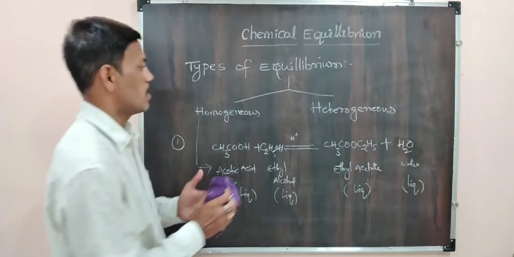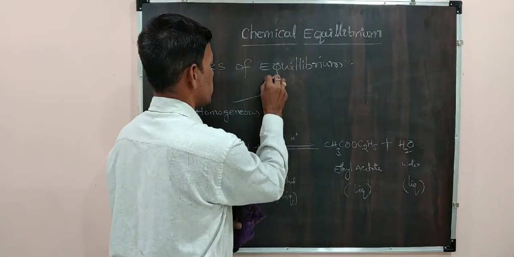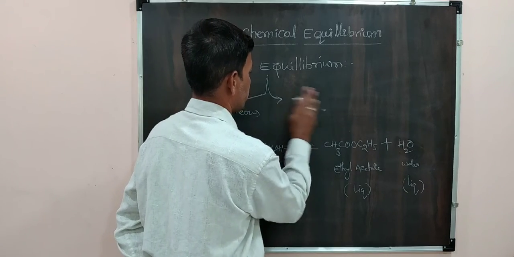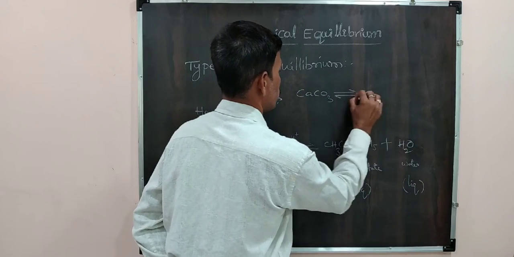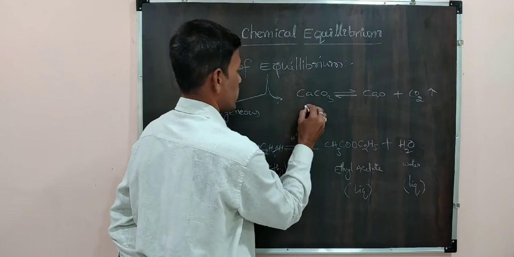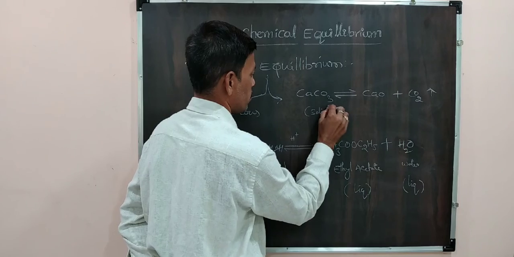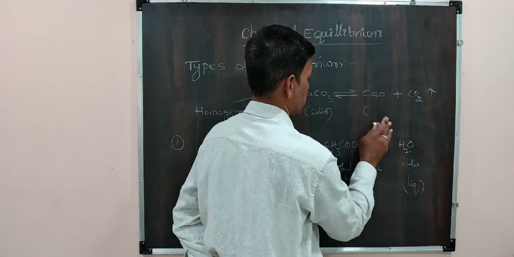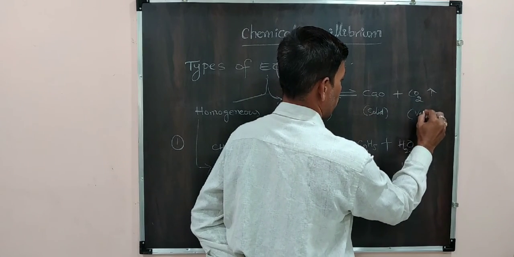If we discuss heterogeneous equilibrium: CaCO3 gives rise to CaO plus CO2. Here calcium carbonate is in solid form, calcium oxide is also solid, and carbon dioxide is in vapor form.